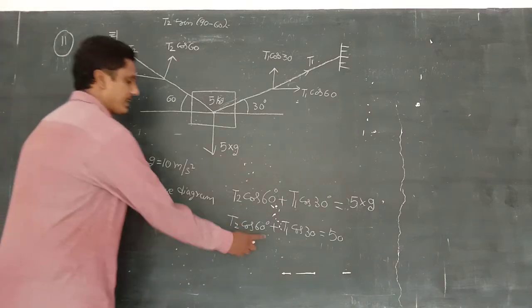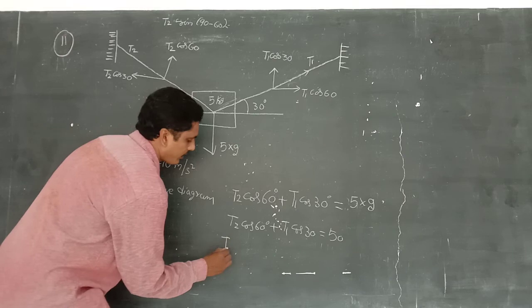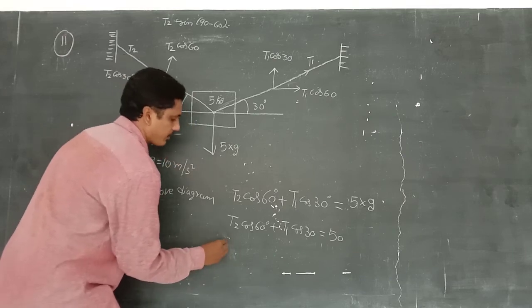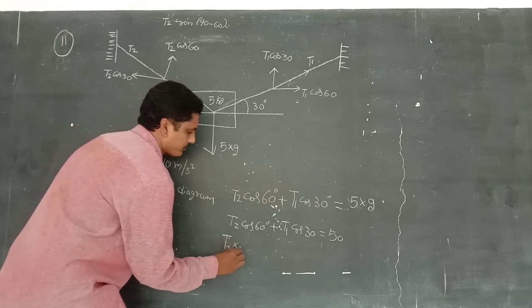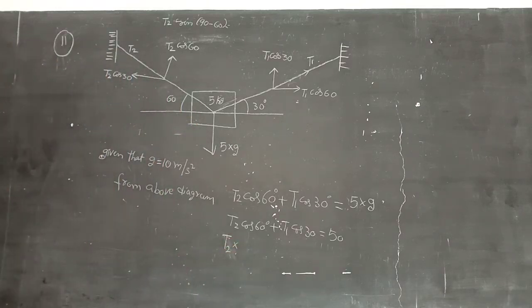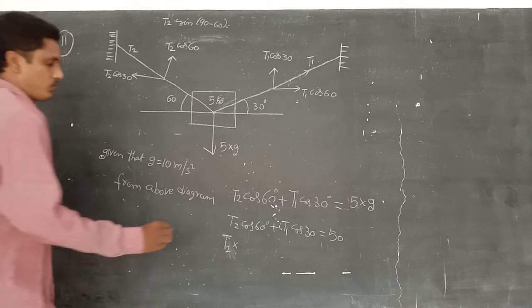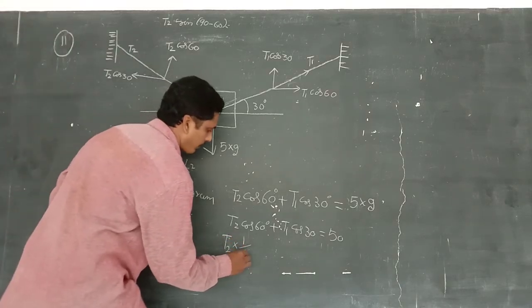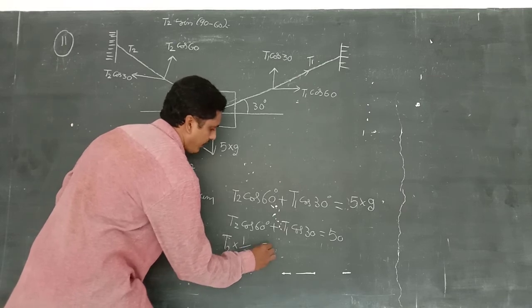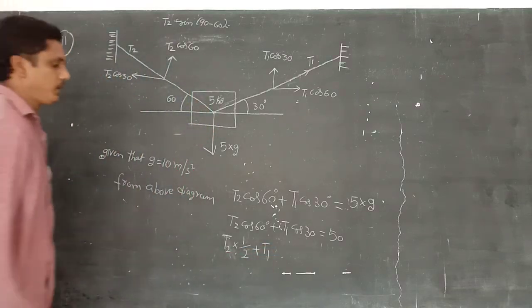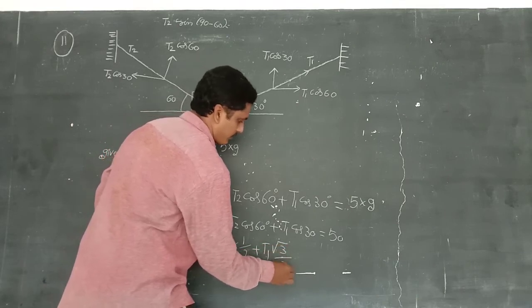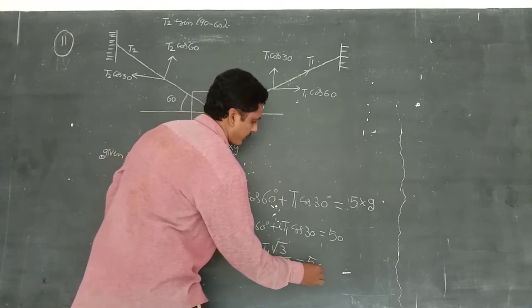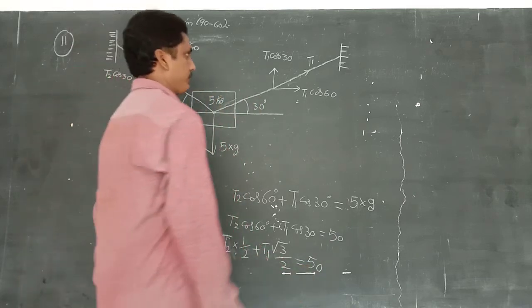We know that cos 60 is equal to 1 by 2, so T2 into 1 by 2 plus T1 into cos 30, root 3 by 2, is equal to 50.